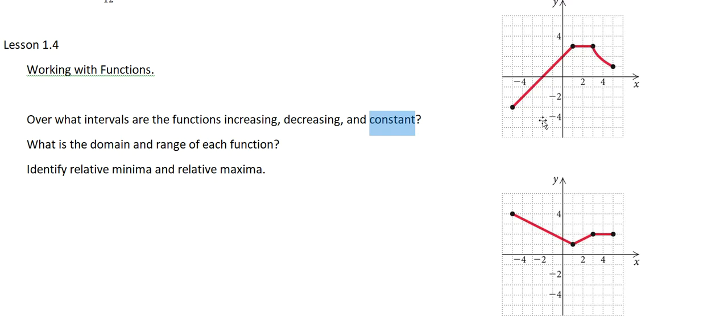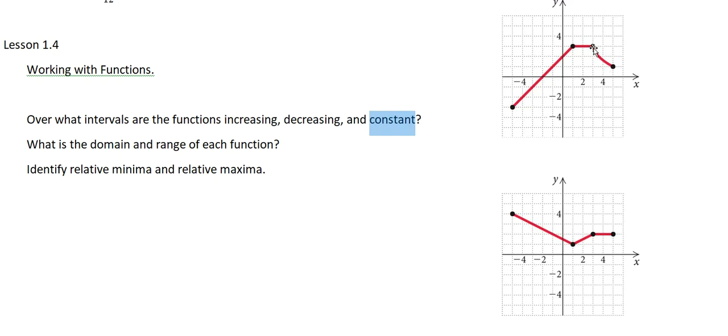It's constant. Now, if we look at 3 all the way up to 5, we can see that a value of 3 at x equals 3 is followed by a value somewhat less than 3 at x equals 4, and at x equals 5, it's down to 1.